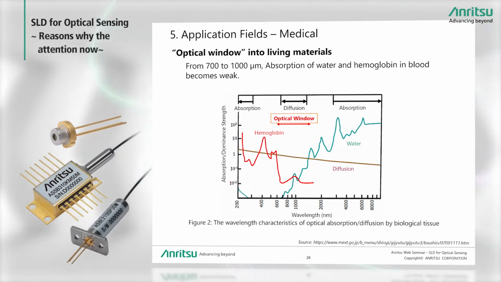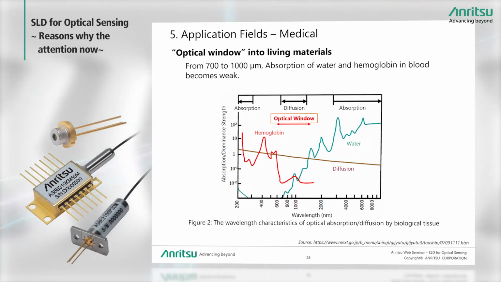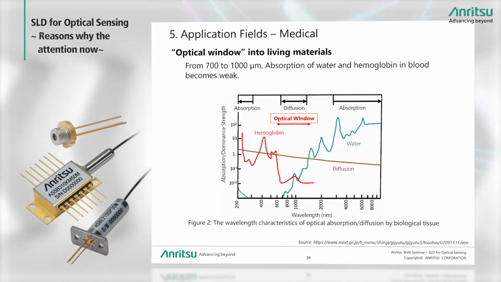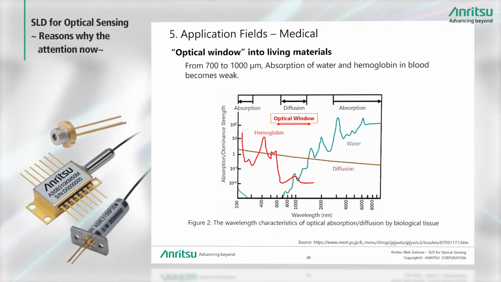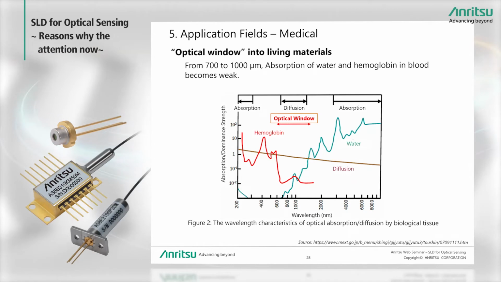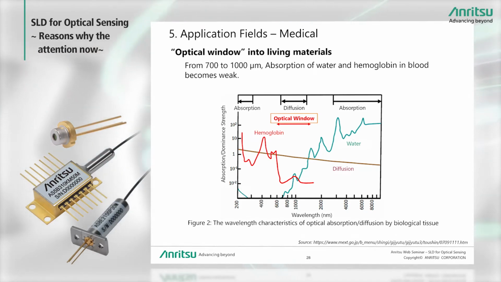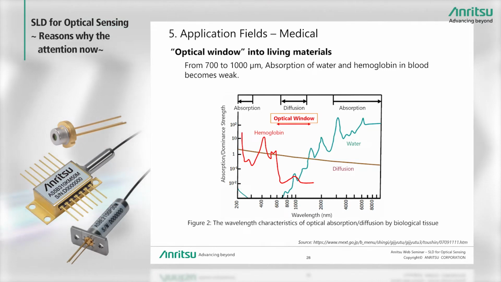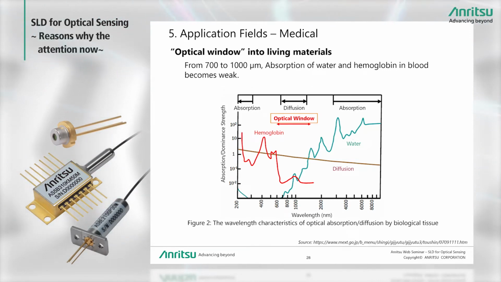This graph shows wavelength on the x-axis and absorption on the y-axis. The red plot shows the absorption of hemoglobin contained in red blood cells, and the blue plot shows the absorption of water. Hemoglobin has strong absorption at short wavelengths, but the absorption becomes weaker from 700 nanometers.